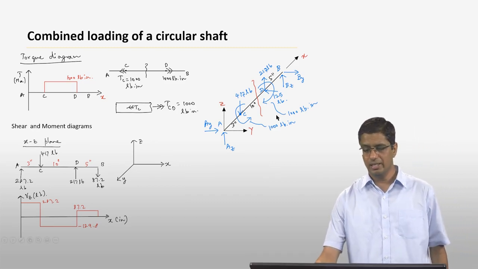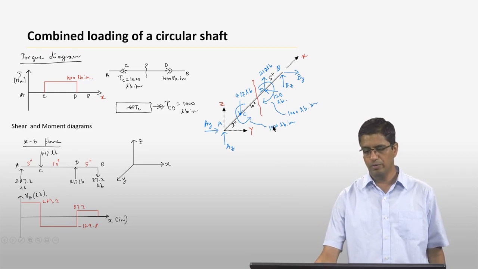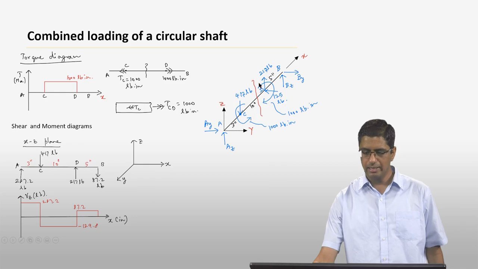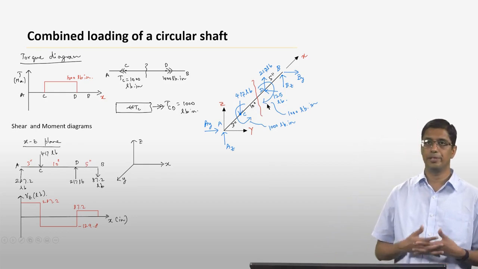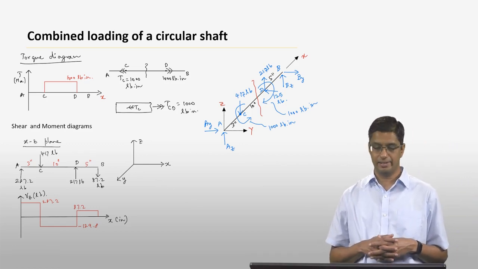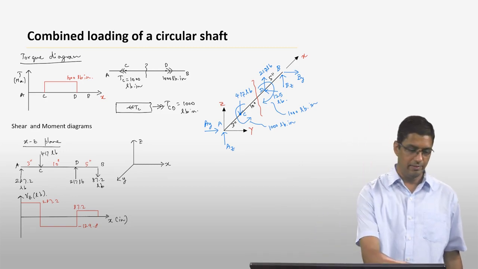If you look at this shaft here, you essentially have two torques of 1000 pounds, in this direction here and the opposite direction here. The first thing you do when you want to construct a torque diagram is to find the direction of these external torques. That is what I have done here.